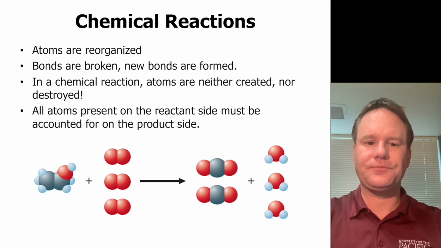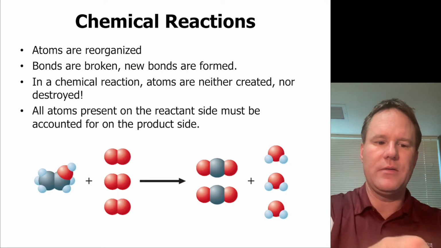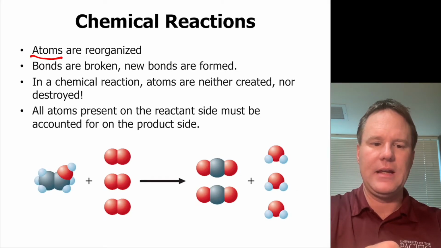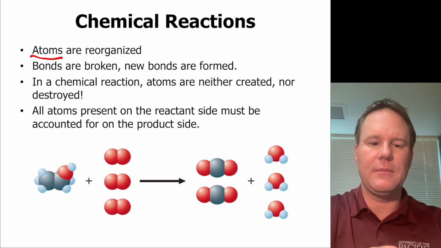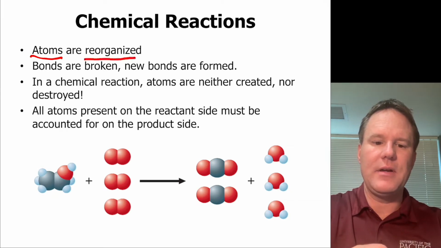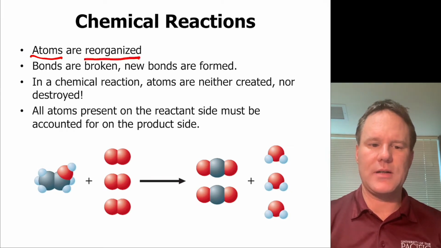And what is a chemical reaction in the first place? What we do is simply take atoms that are in molecules, or sometimes, not often, elements, like a metal. We have atoms in some formation on the left, and they are reorganized into products.